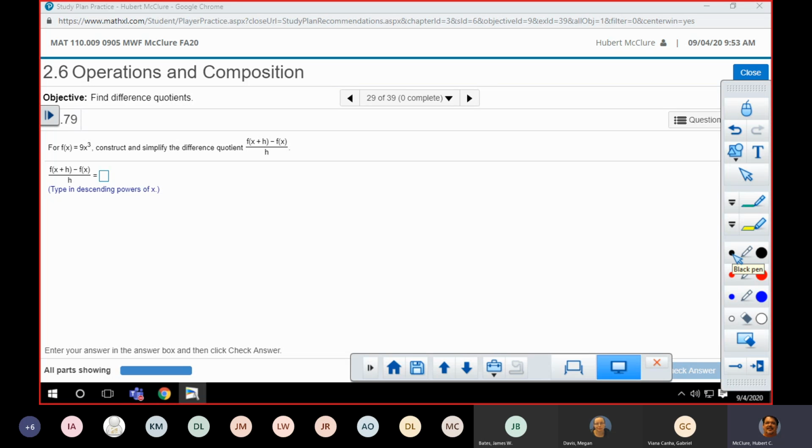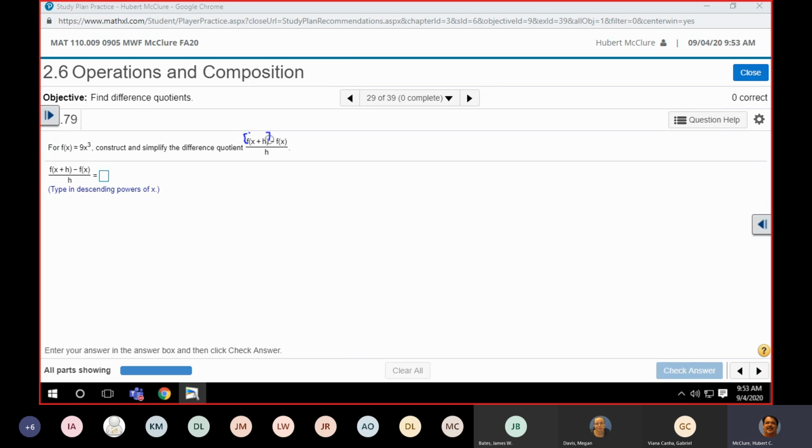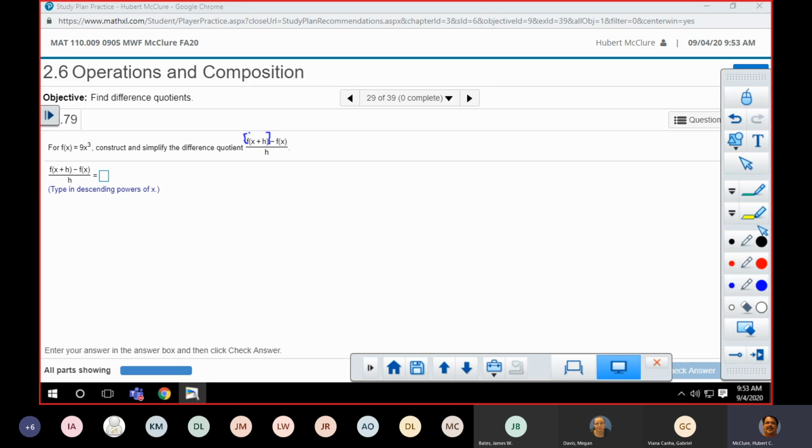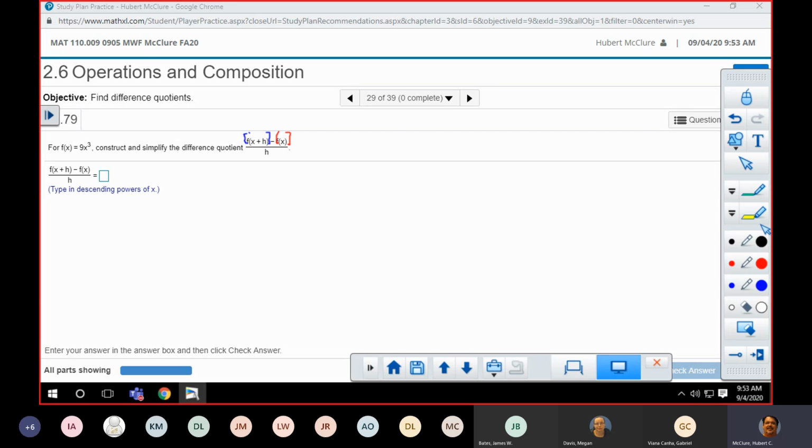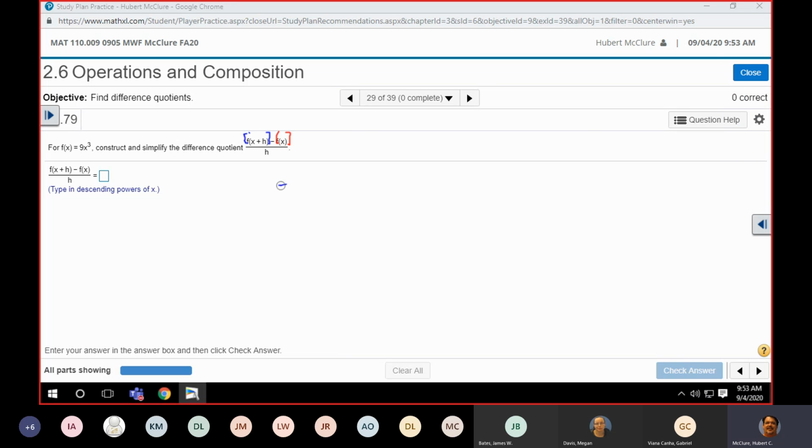All right, so I'm gonna put this in blue brackets. And I'm gonna put this in green brackets or red brackets. I don't use red, but I don't feel like switching back and forth. So I'm gonna rewrite in blue brackets the function with a big set of parentheses.